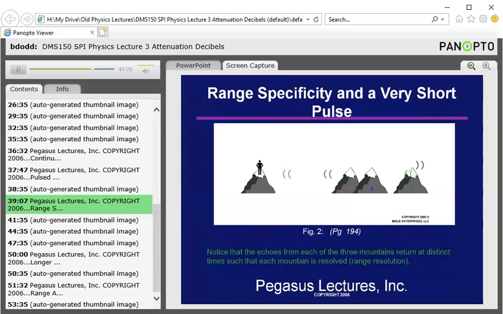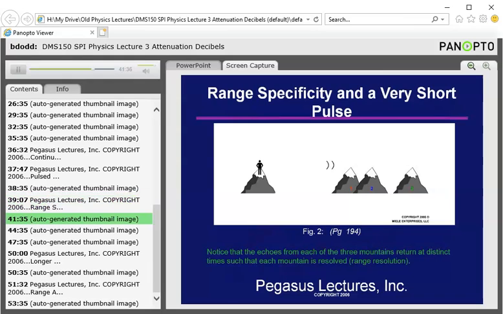Let's make it a specular reflector. How's a specular reflector going to be? Flat and larger than my sound. Okay, good. So the echo is going to come down here, hit this, bounce back, and come back to here.